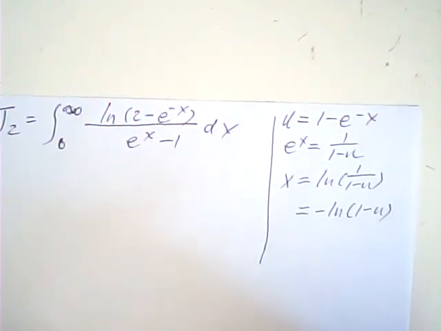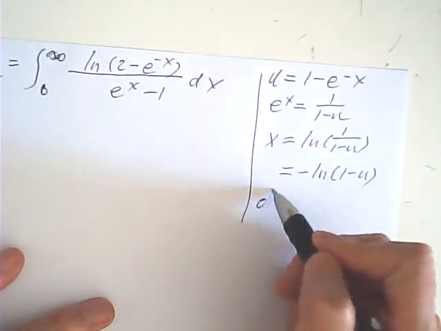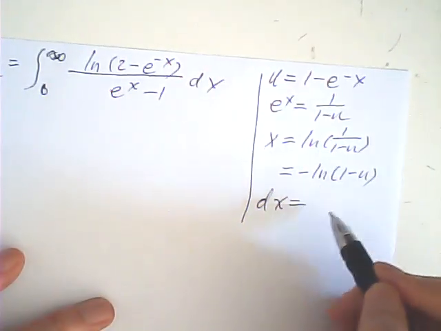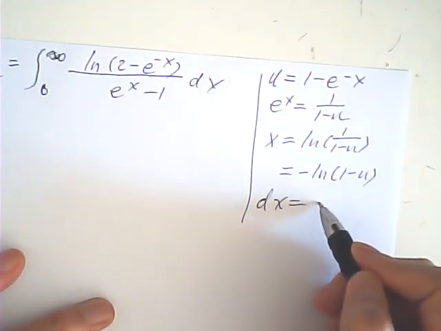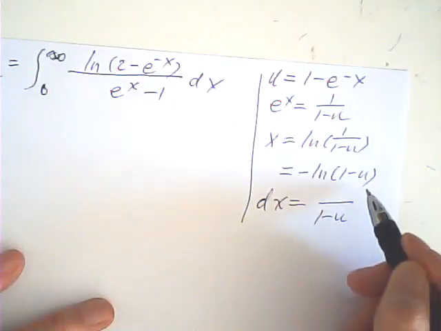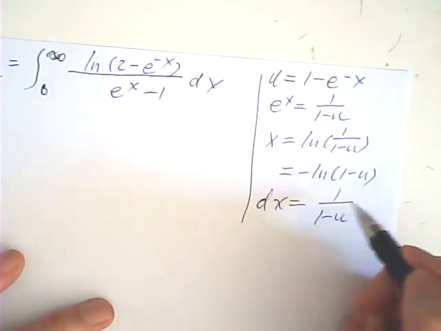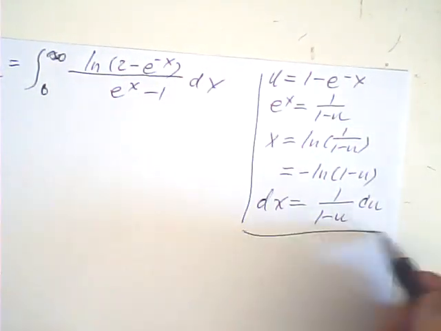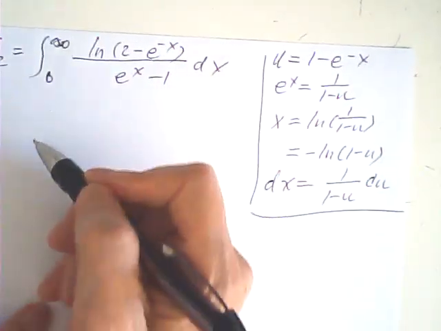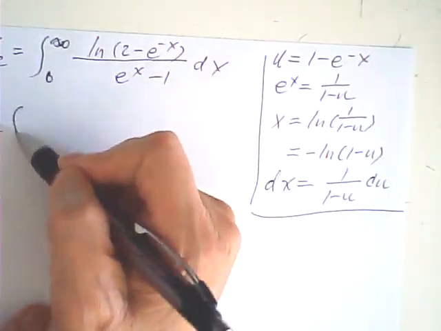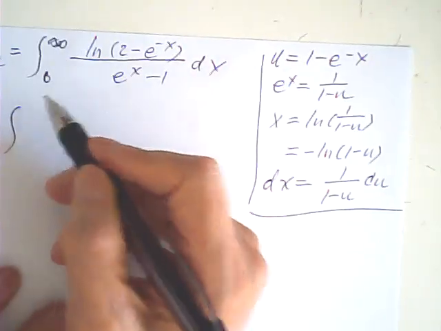Now then dx, of course, dx is equal to what? dx is 1 over this, right? Yeah, 1 over 1 minus u times the negative 1. Okay, good. So everything's ready.